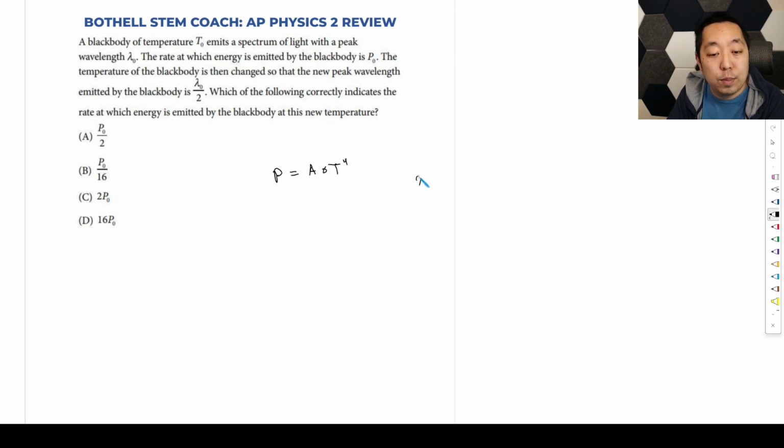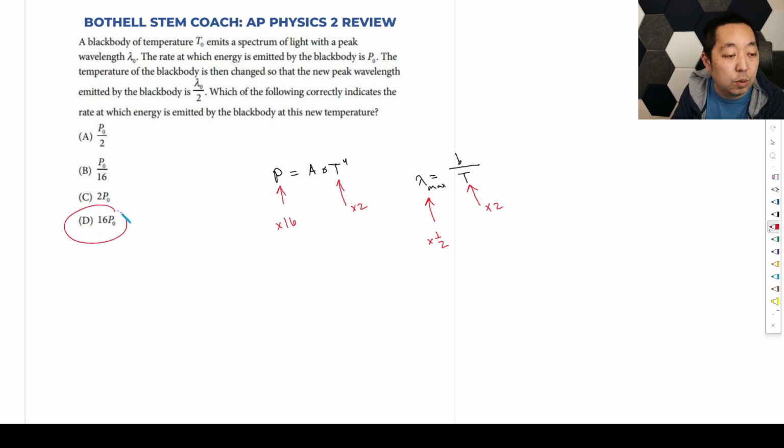And you also have to remember that the maximum wavelength is some constant over temperature. So if you change the maximum wavelength by 1/2, then the temperature has to be multiplied by 2 in the denominator, in order for the two equations to be balanced. If we multiply this by 2, then this side is going to be multiplied by 2 to the fourth, which is 16. So we're going to get D there.